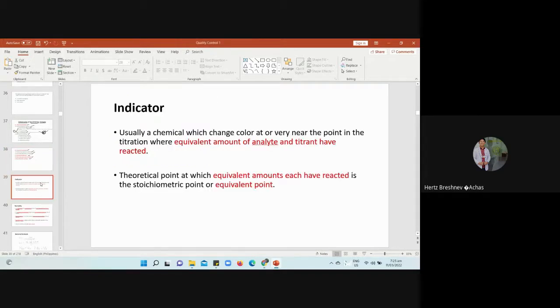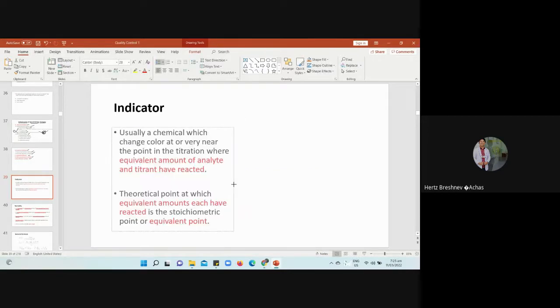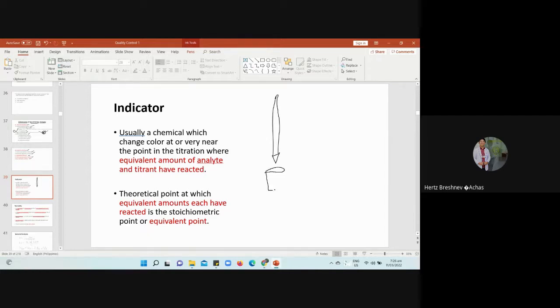Now, let us proceed. What is an indicator? An indicator plays an important role in the titration process. Now, let me just illustrate the normal setup of the titration. This one. And then the holder there. This is the stand.